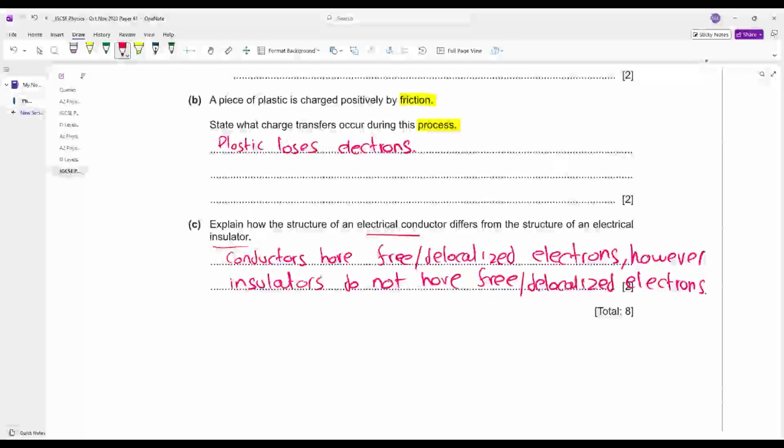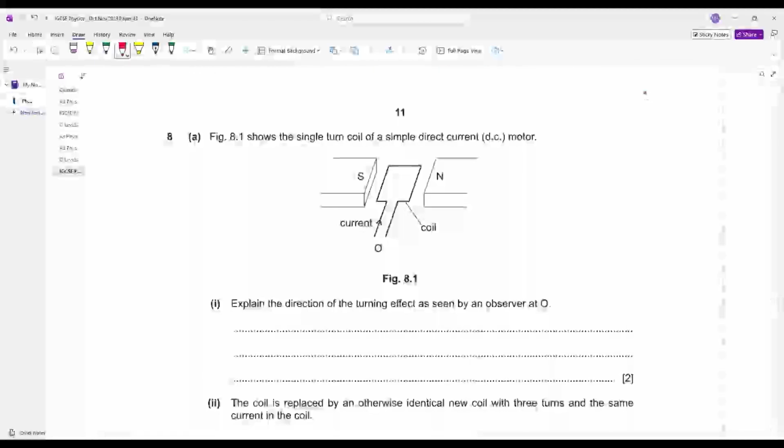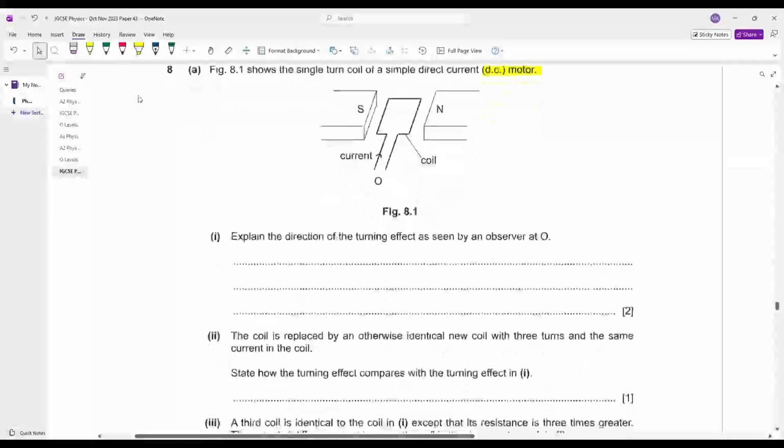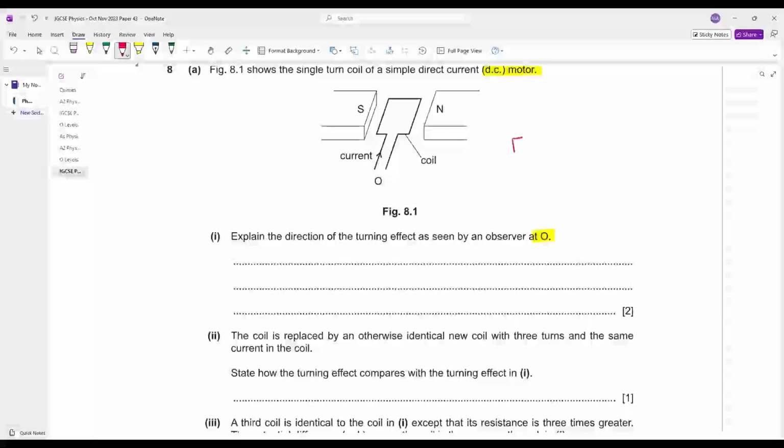Let's further move ahead. Figure 8.1 shows the single turn of a coil of a simple DC motor. Okay, so you have a DC motor. Describe the direction of turning effect as seen by an observer at point 2. So, how will we calculate the direction of turning effect? Basically, you have to calculate the direction of force. Which law will we apply, beta? Fleming's left hand rule.